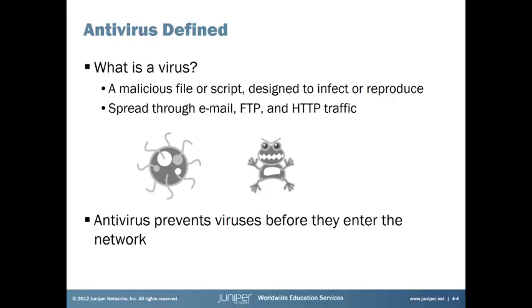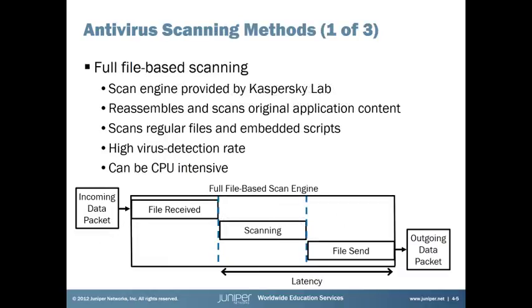In any case, you probably do need other antivirus protection on your servers and other places. But a really good place to stop this type of malware is at the gateway.